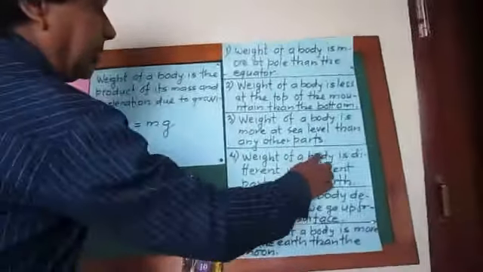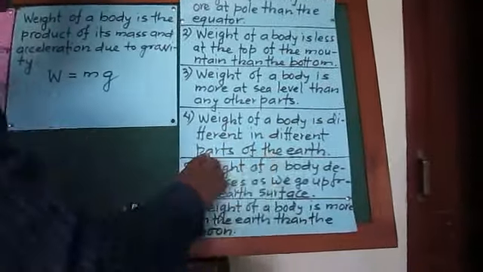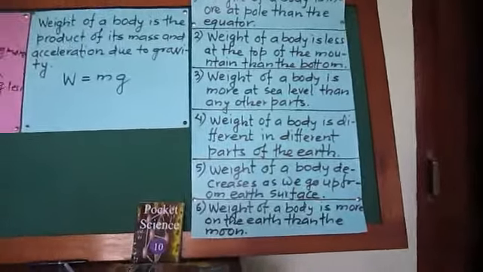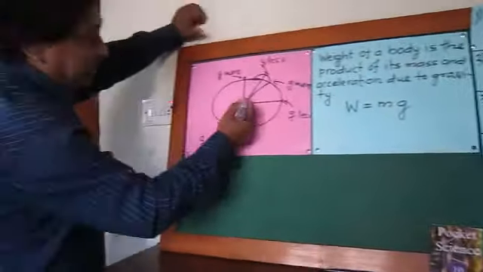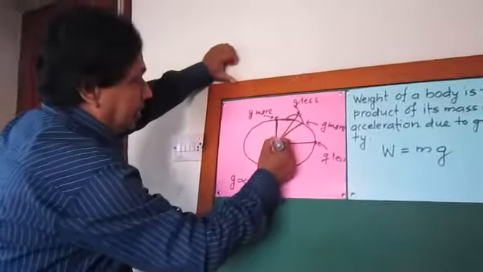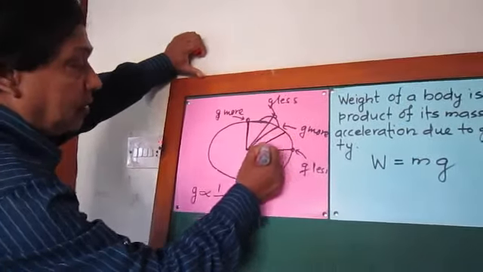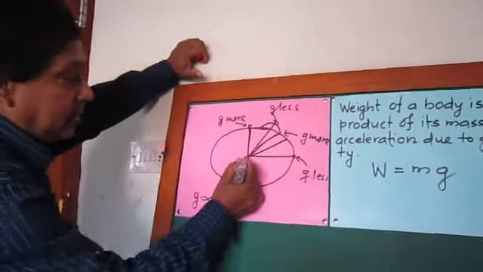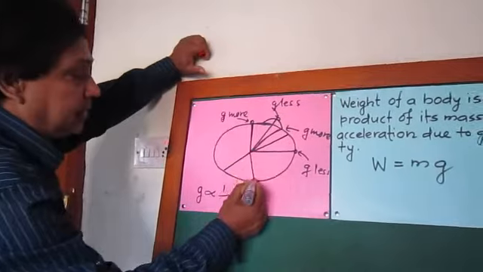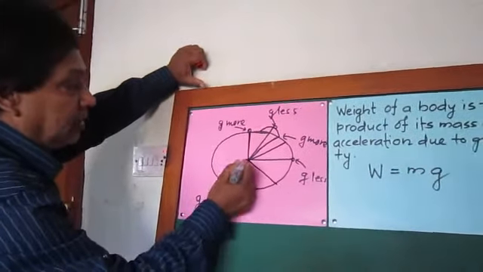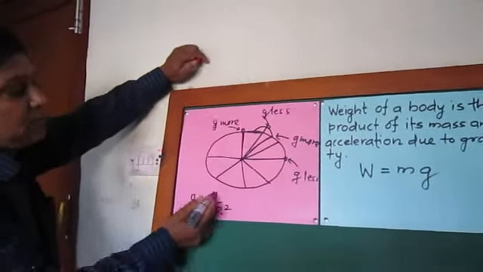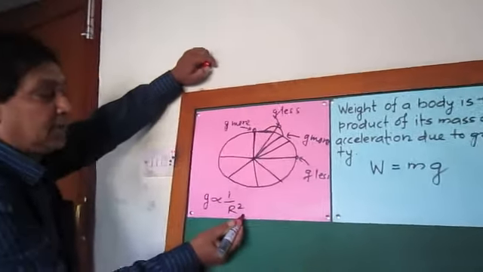Weight of a body is different in different parts of the earth. Now again, look at this diagram. Somewhere radius is less, somewhere radius is very high, somewhere not so high, not so less. Radius of the earth is different in different parts. And as we know, g is inversely proportional to the square of the radius of the earth.